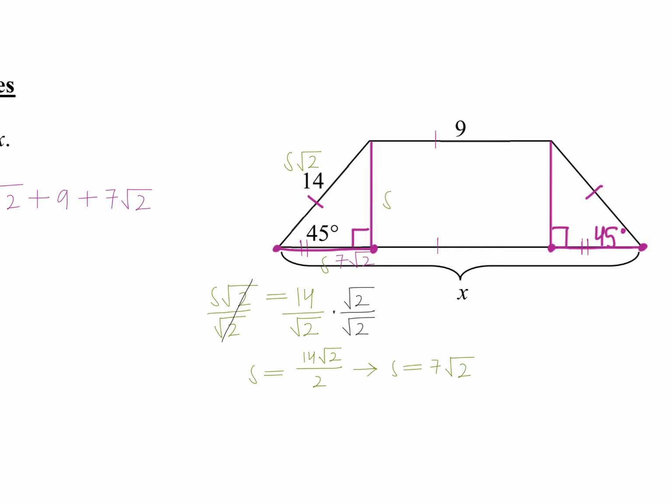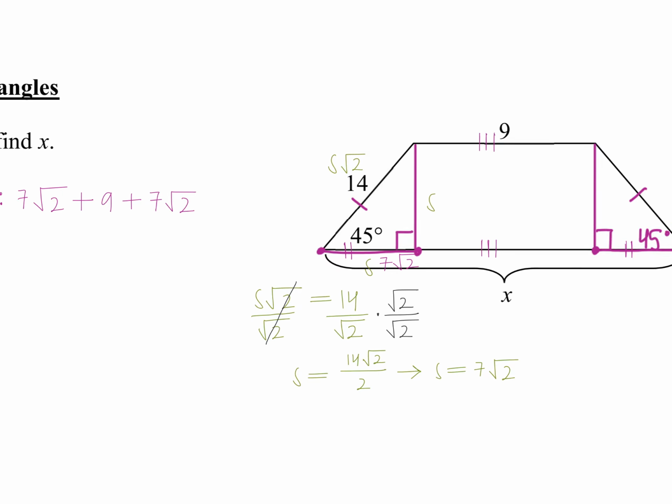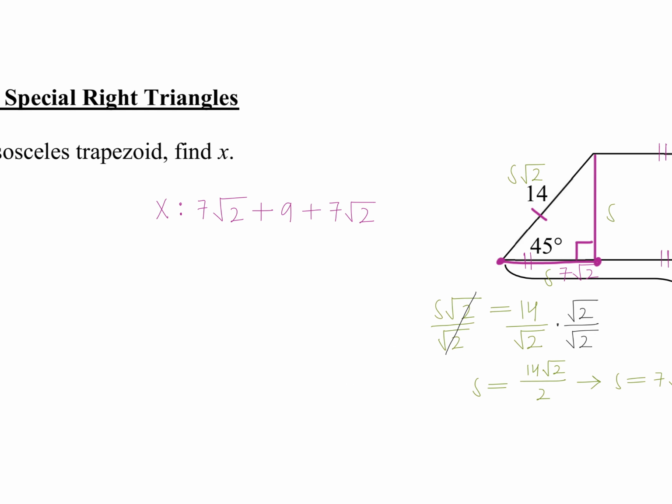Okay, and I just realized that I do already have one dash labeled, so I'm going to change this to 3. Okay, and so we're going to combine our like terms. Remember, we can only really add these two here because they have the same radicand, the same number underneath the radical. So 7 plus 7 is going to give me 14 root 2 plus 9. And that is going to be my x.